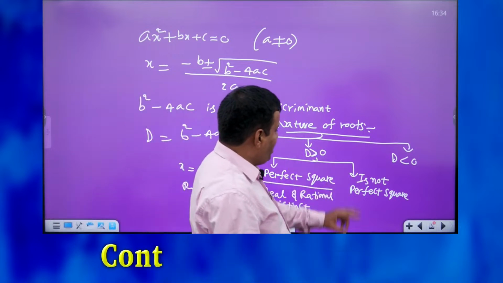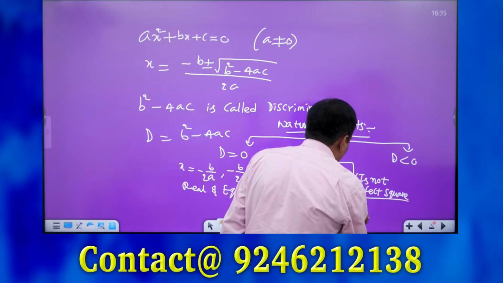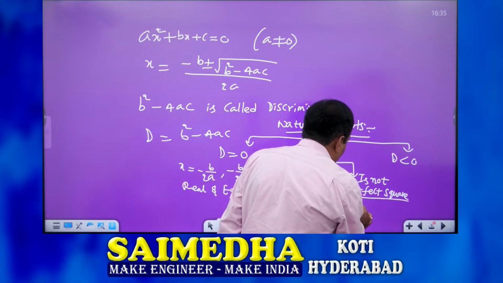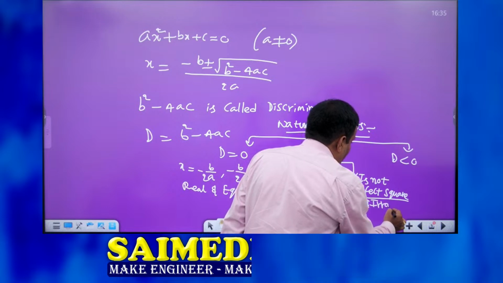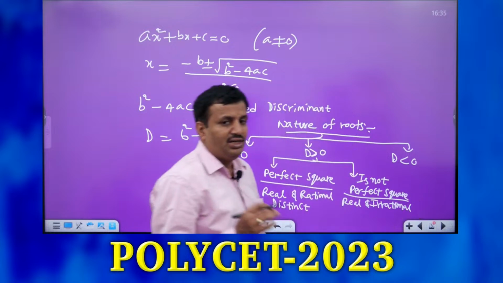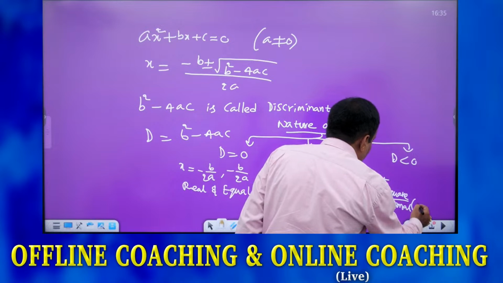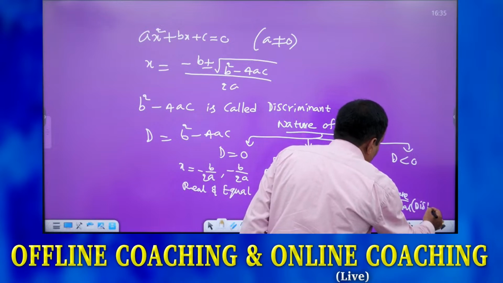If D greater than 0 is not a perfect square, what is the nature of the roots? Real and irrational, and distinct. They are distinct roots.